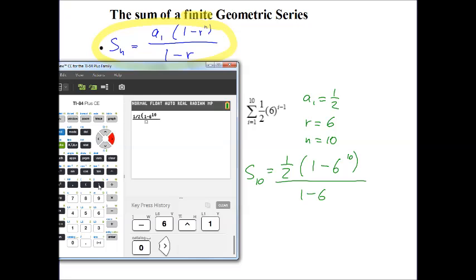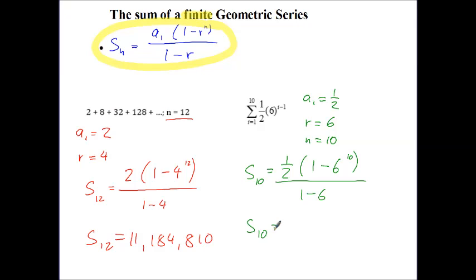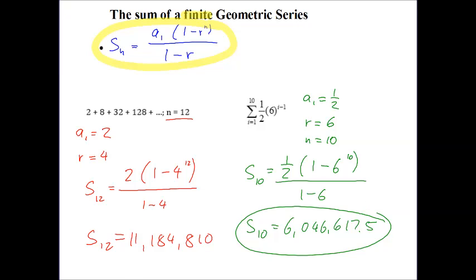Close our parentheses, go into the denominator, 1 minus 6. And we get, also not so shabby, S sub 10 is equal to 6,046,617.5. First, let's circle our final answers nicely.